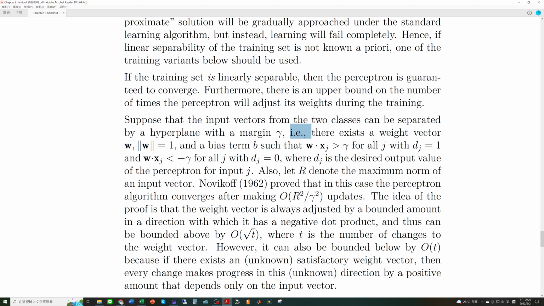That is, there exists a weight vector W where the norm of W, the length of the vector W, is equal to 1, and a bias term, such that W dot Xj is greater than gamma for all j with dj equal to 1. Do you remember what is dj?